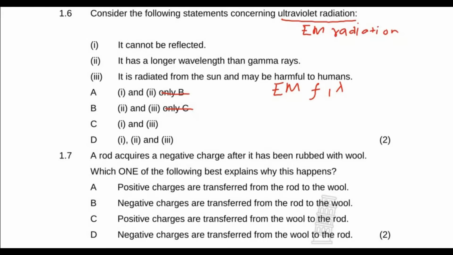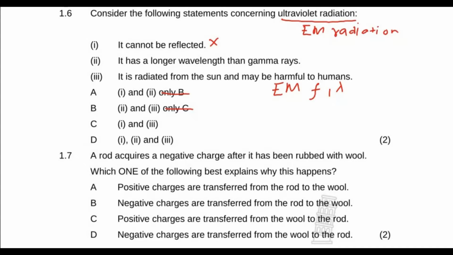So 1: sound can be reflected. Waves can be reflected. So even electromagnetic waves can be reflected. So already this statement tells us that this is wrong when they say that ultraviolet radiation cannot be reflected. All electromagnetic radiation can be reflected.